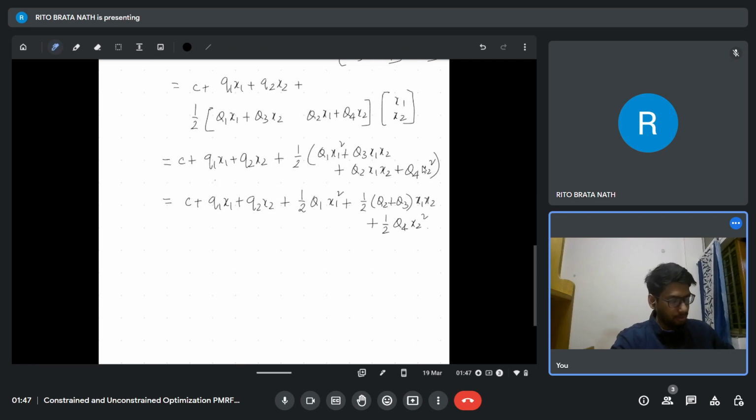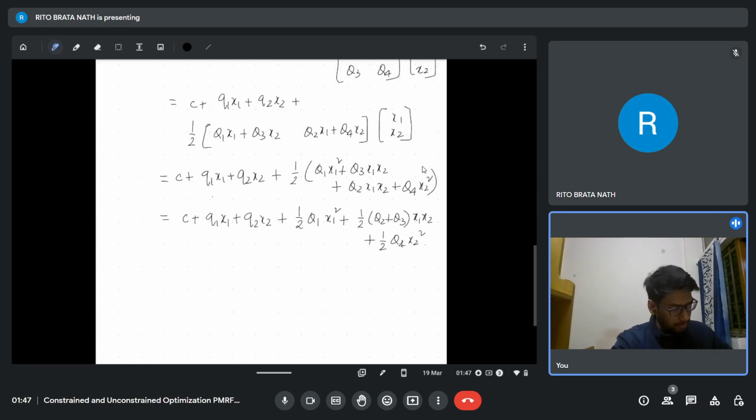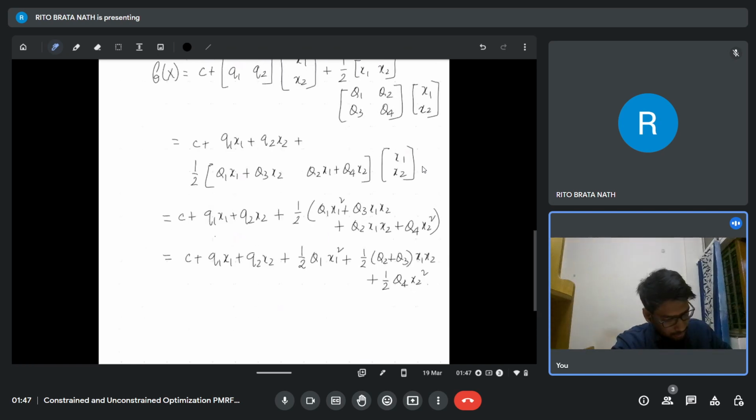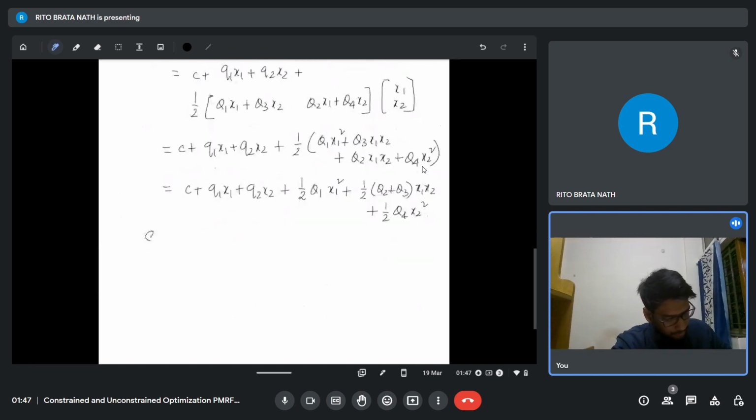Now, since capital Q is a symmetric matrix, we have Q2 equals Q3.